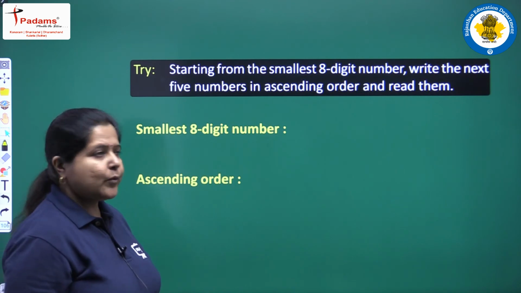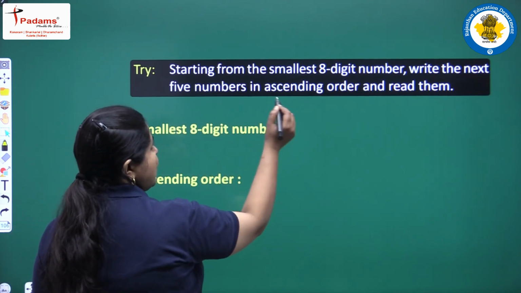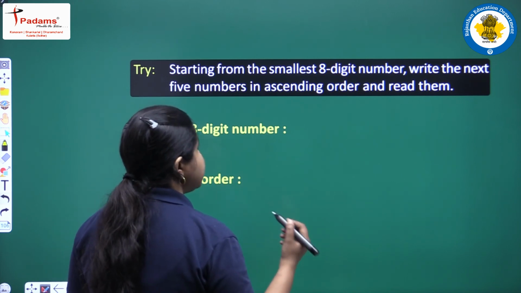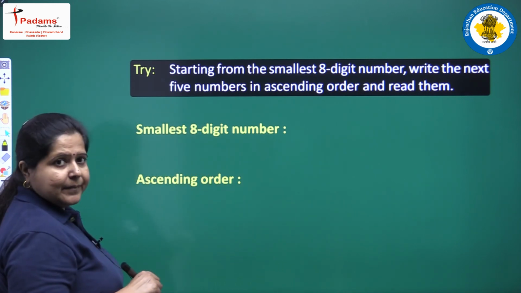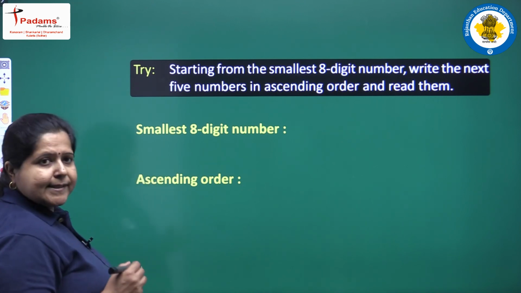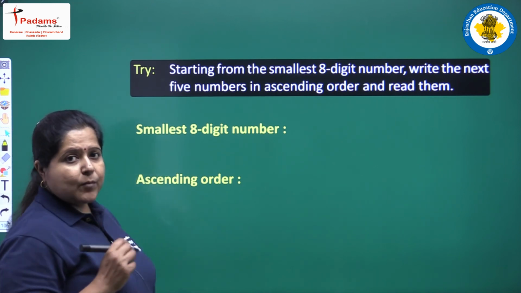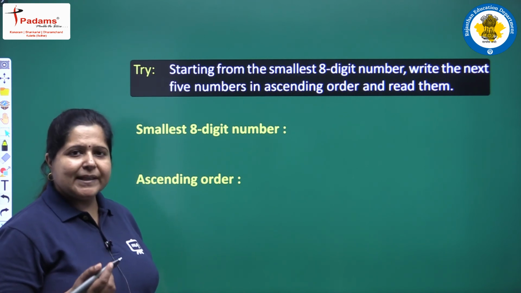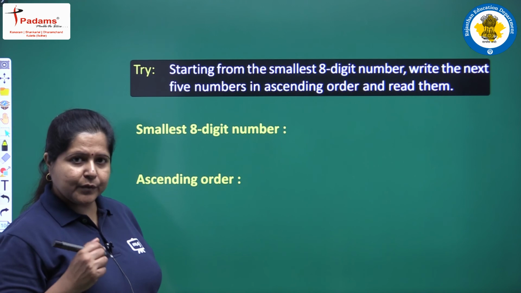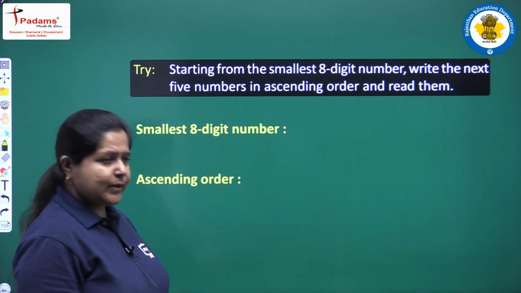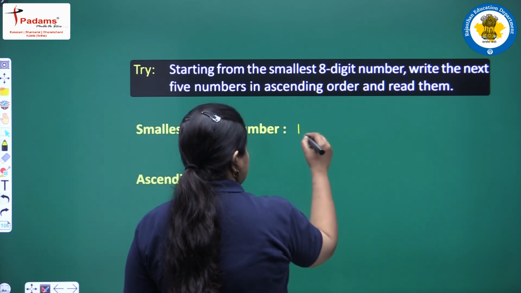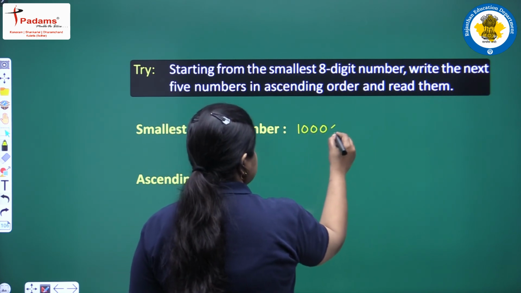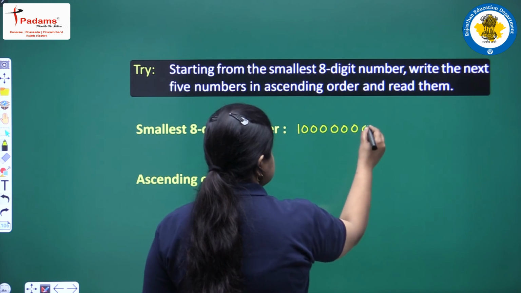Next we try one more question. Starting from the smallest 8 digit number, write the next 5 numbers in ascending order and read them. So first we write the smallest 8 digit number. The smallest number should start from the smallest digit, which is 0, but no number starts from 0. So we will take the next smallest digit, which is 1, and now write 7 zeros. 1, 2, 3, 4, 5, 6, 7.